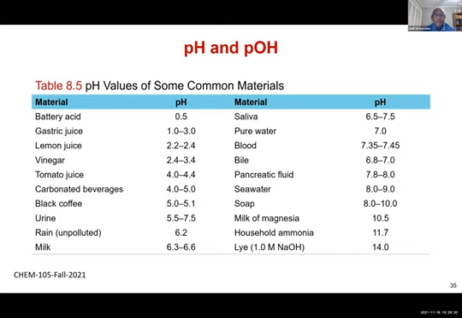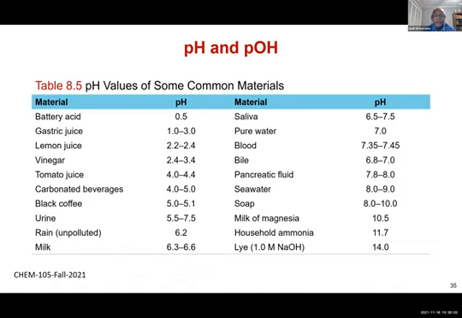Vinegar is 2.4 to 3.4. Tomato juice is 4.0 to 4.4. Carbonated beverages are 4.0 to 5.0. Carbonic acid is an acid; when carbon dioxide dissolves in water, it produces a slightly acidic solution. Even black coffee is slightly acidic, 5.0 to 5.1.